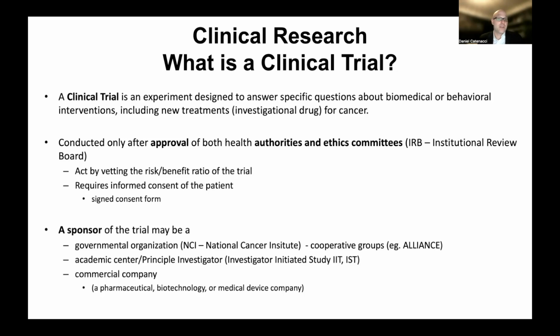And then finally, probably the most common, for better or worse, is a commercial company or a pharmaceutical company sponsored study, where they are the ones that are sponsoring the study, they're designing the study. And I'll point out along the way as we go through examples of different studies where sometimes issues can arise in terms of biases and the way the trials are designed.